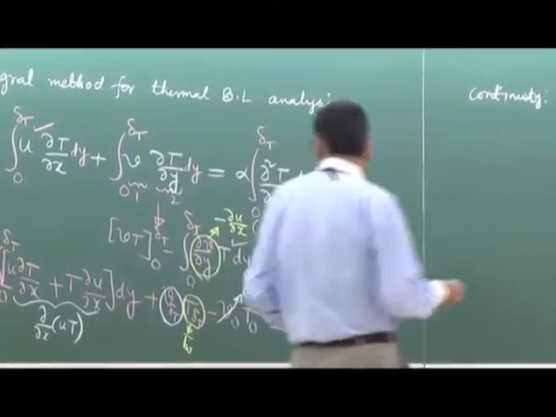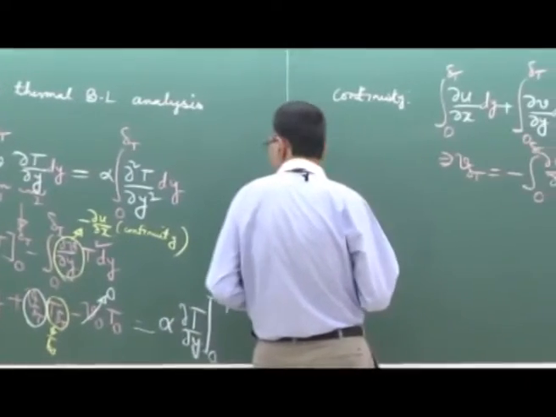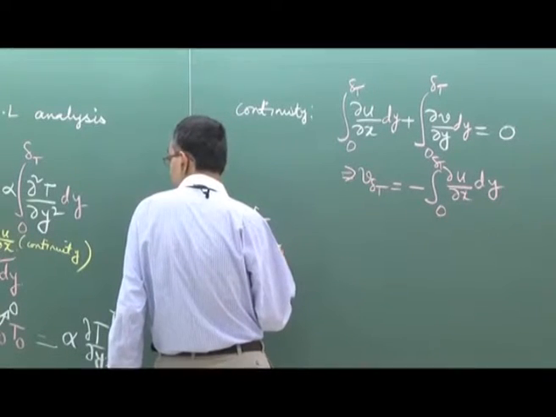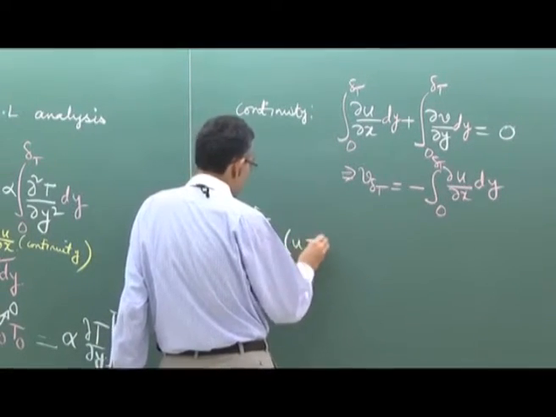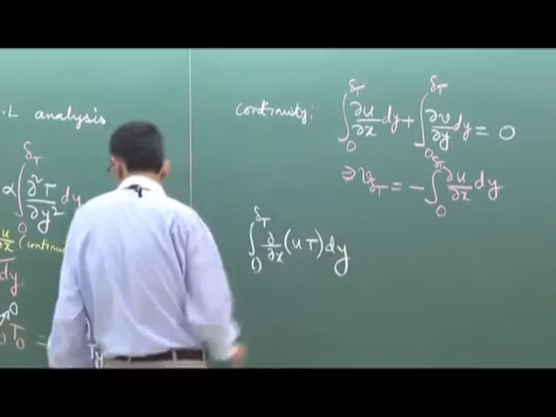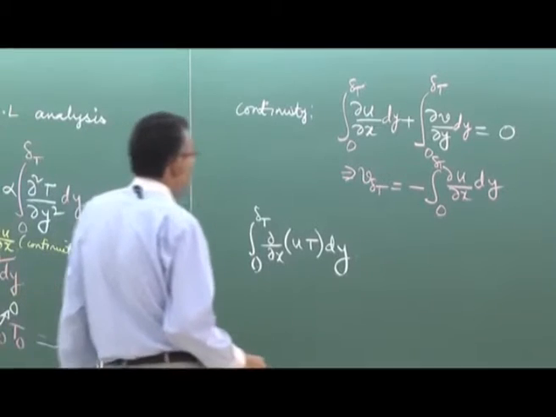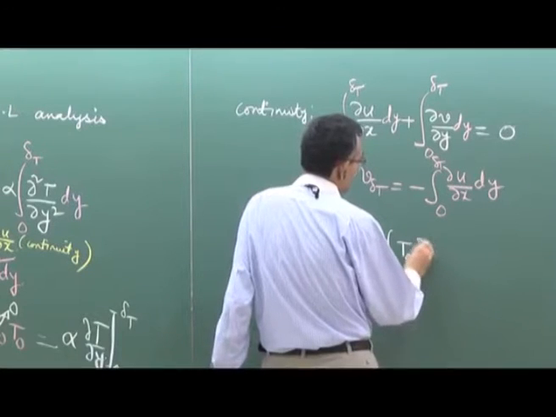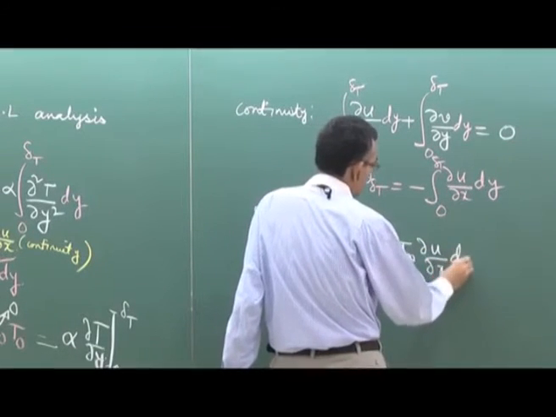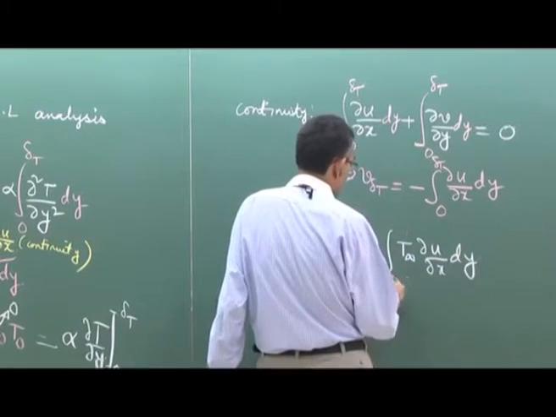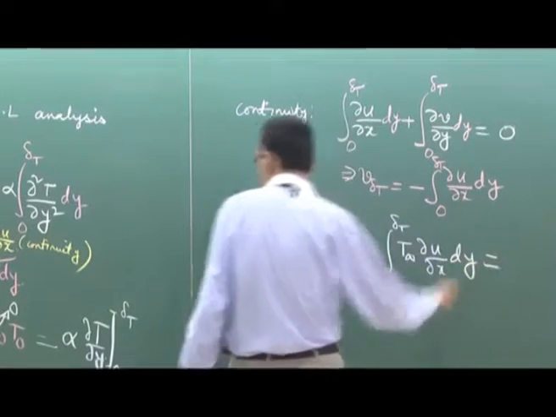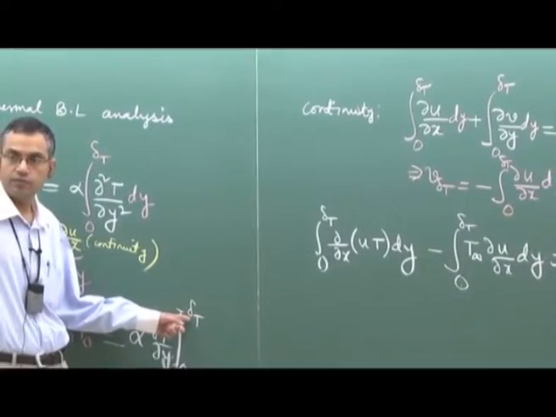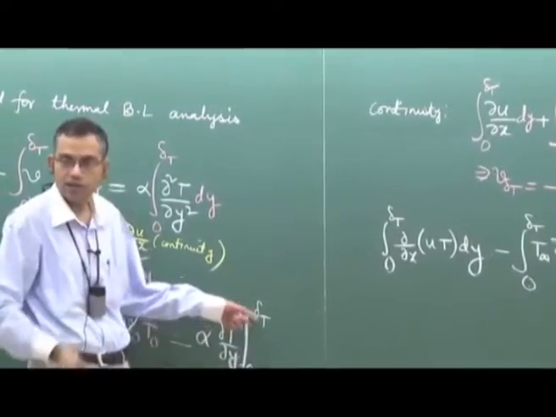So, we can write the right hand side. What is the temperature gradient at delta t? 0, because there is no further variation in temperature.